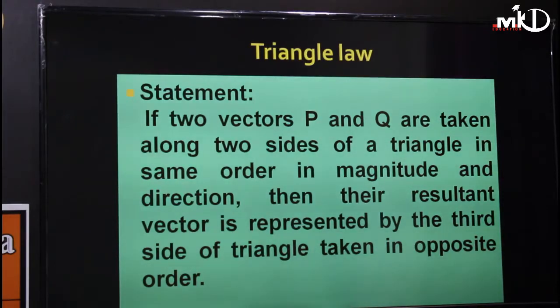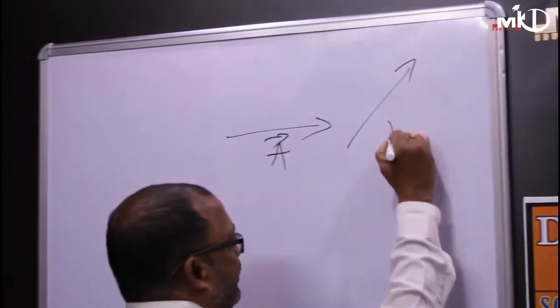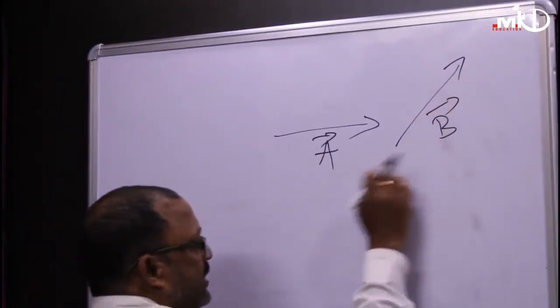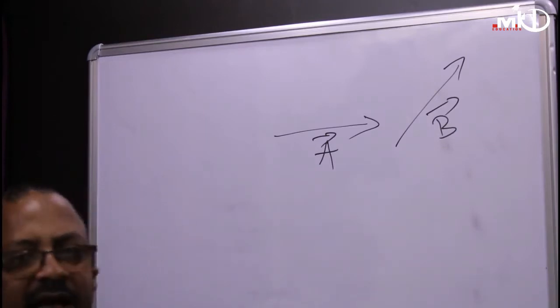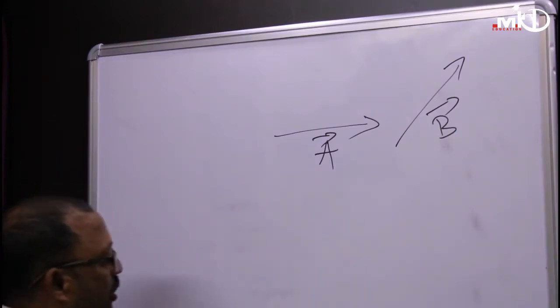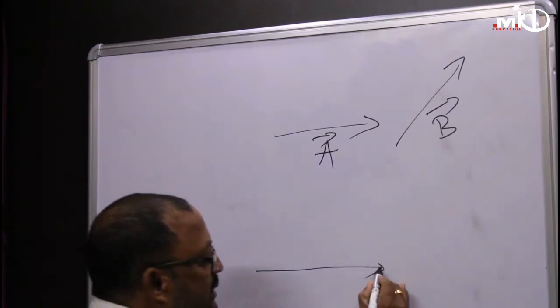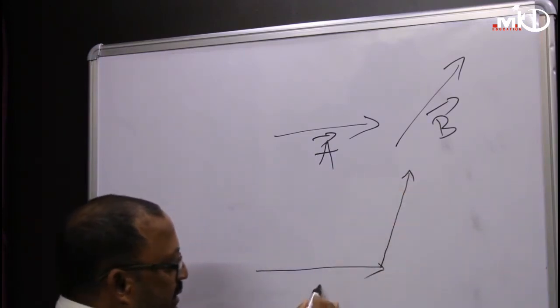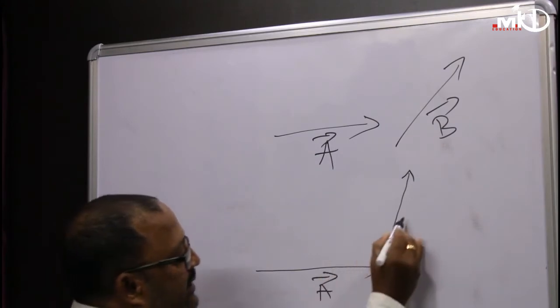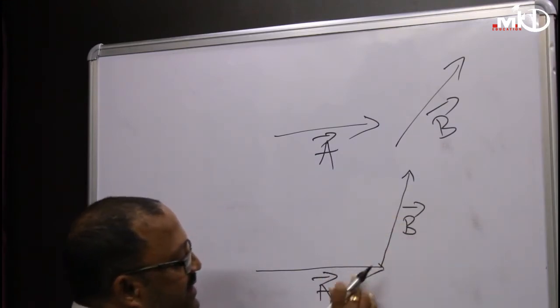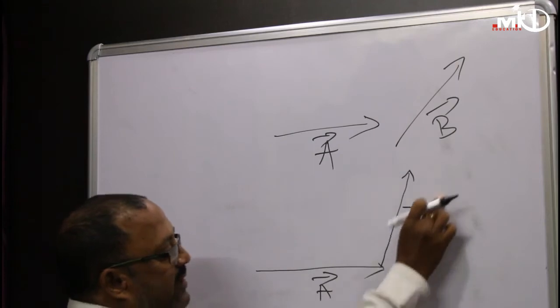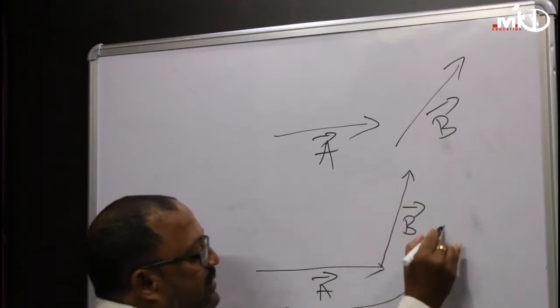Suppose this is A vector and this is B vector. If I consider these vectors as the two sides of a triangle taken in the same order, that means I am moving in the same direction.